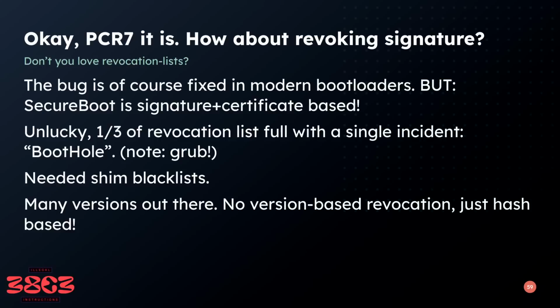And that doesn't work. They were very, very wise and have 32 kilobytes of revocation storage on the BIOS, because the BIOS needs to store the information. And a third of that was burned by the BootHole vulnerability in 2020 or something. And that was GRUB, because GRUB is third-party signed. And Microsoft had to revoke it because this bug was horrific.